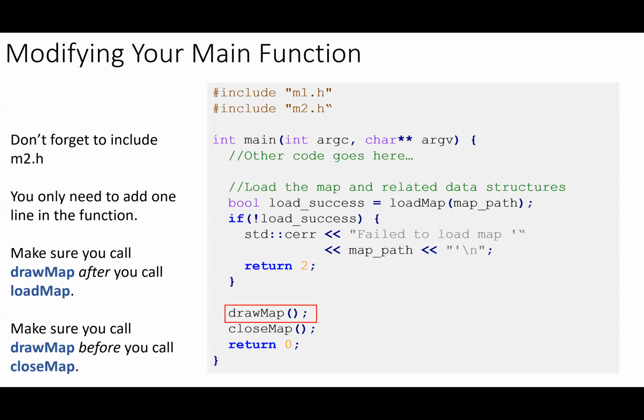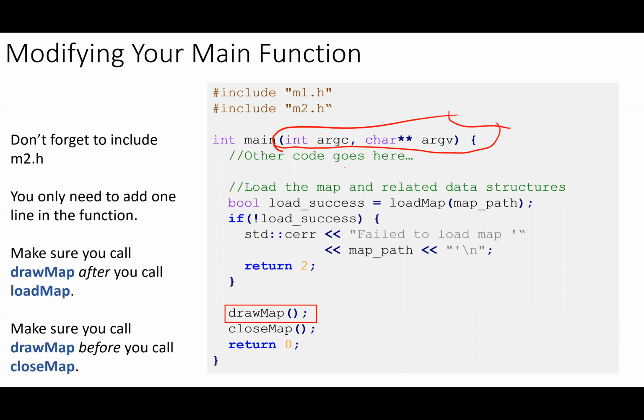Okay, so modifying your main function. So here in main/source, you've got this main function. Who knows what this stuff is? Have you seen this before? Does that look familiar, or nobody's seen that before? That's how you pass arguments from the command line in C and C++. So if you want to, you can use this to have your program take arguments from the user.